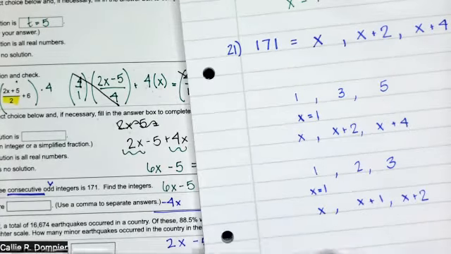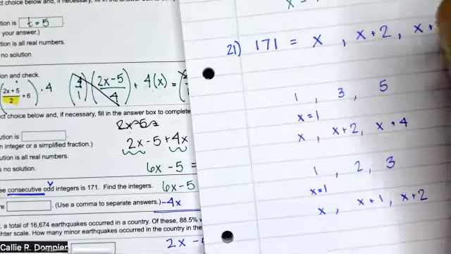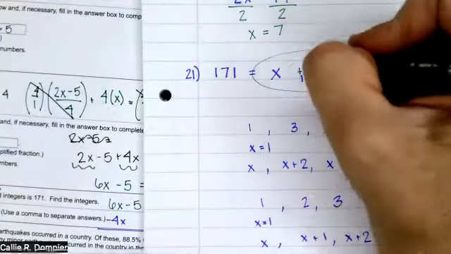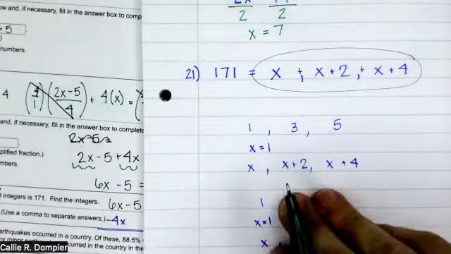The sum of 3 consecutive odd integers, so here are my odd integers, and I'm going to sum them, is 171. Find the integers. Good?